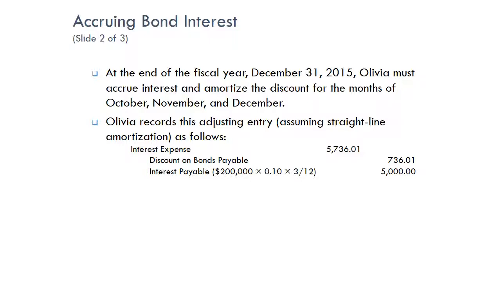They would take the amount of discount on bonds payable divided by the number of interest payments. That'll give them 6 months worth of interest. They need to know 3 of those 6 months that they need to credit discount on bonds payable. And that's how they got the 736.01. Add those two together and we debit interest expense, 5736.01. This is the portion of the interest that's occurred by the end of this year, even though we don't have to pay it till next year. We still got to accrue.